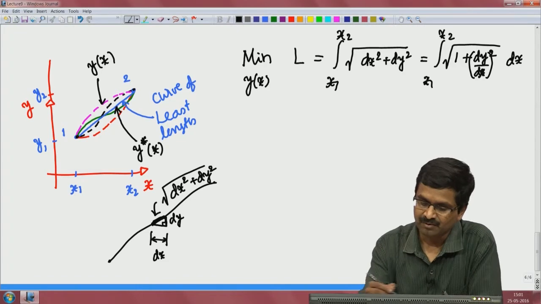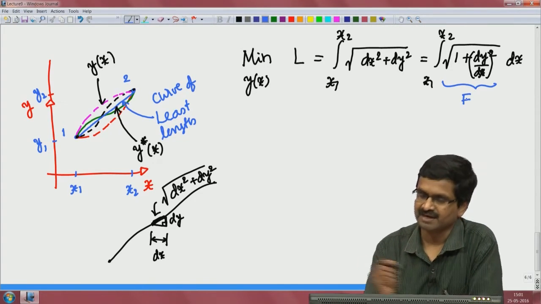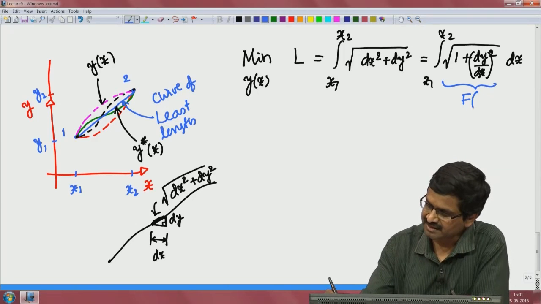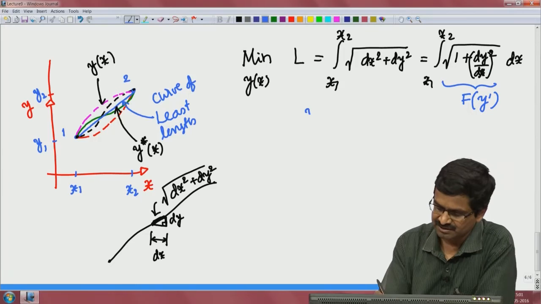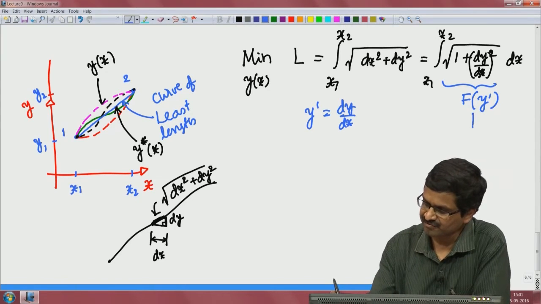Now, this thing here becomes our integrand f. In this case, that integrand f depends only on y prime, because in our notation y prime is dy by dx. So, what is our f now? F is the square root of 1 plus y prime square.